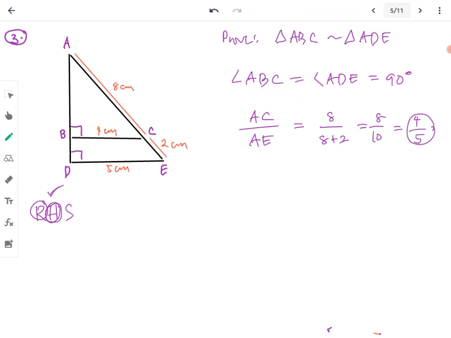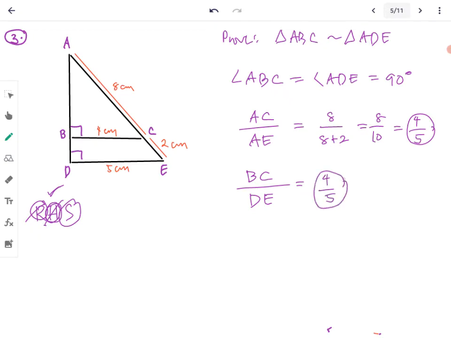So as you can see, in RHS similarity, we already showed the right angles and the ratio of the hypotenuse. What we're going to show is the ratio of the remaining side, BC from the smaller triangle to DE from the larger triangle, and that is 4 over 5.